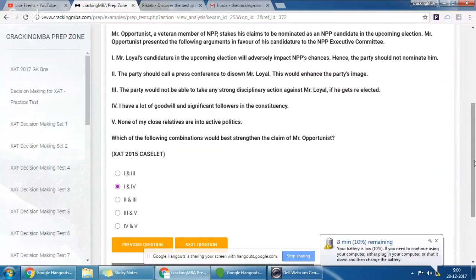Is it really as strong as 1 and 4? Ajay, is that really as strong as 1 and 4? If you have 3 combinations, then probably 1, 4, and 3 would come in. But then 1 and 4 are the best. 1 is saying that it'll be having an issue. 4 is saying he'll support. That's it. So that's why 1 and 4 is the best.